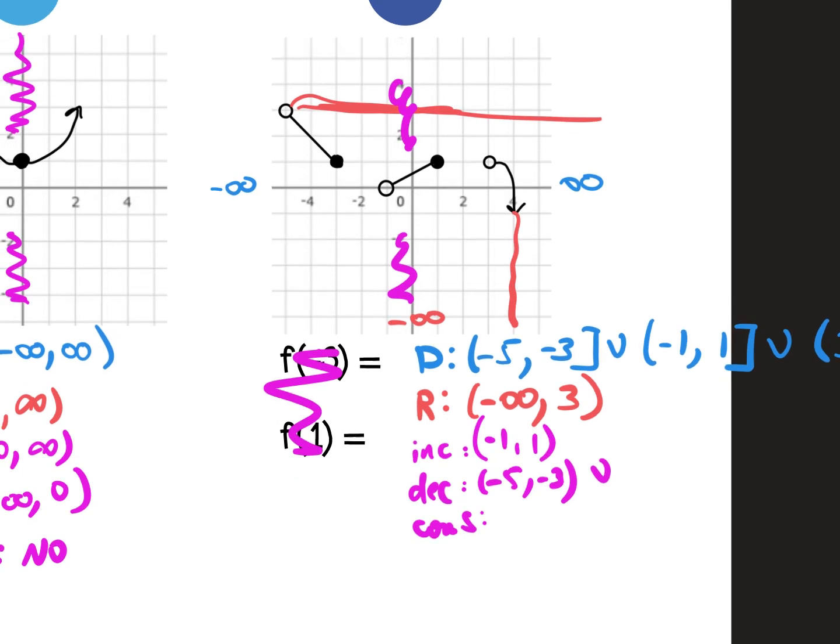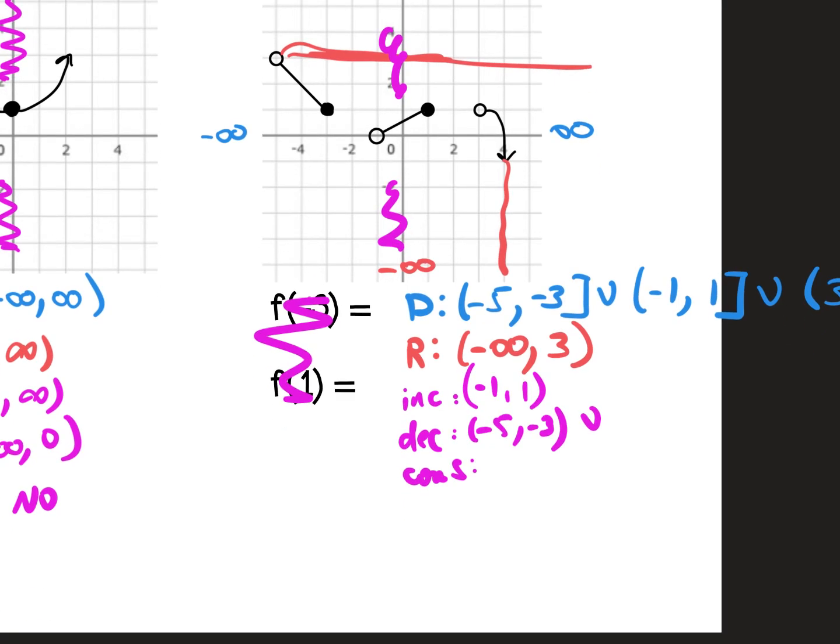Good. And then it's doing what? Decreasing again from 3 to... we're only looking at the x-axis, guys. Positive infinity. I understand the arrow is pointing downwards. I don't care what infinity it's going towards, up and down. I care that it's continually getting wider. We're only looking at the x-axis.